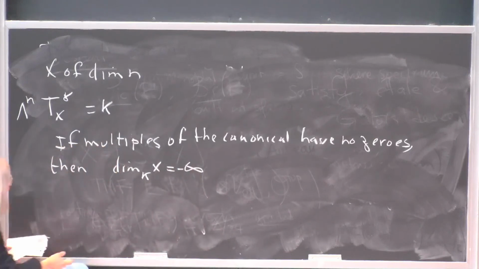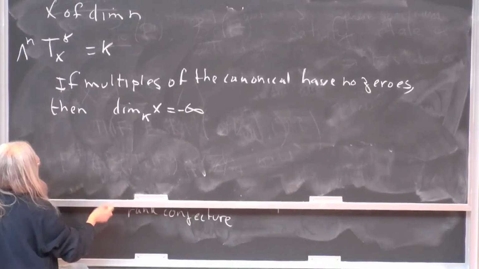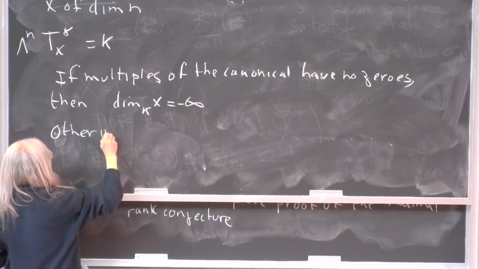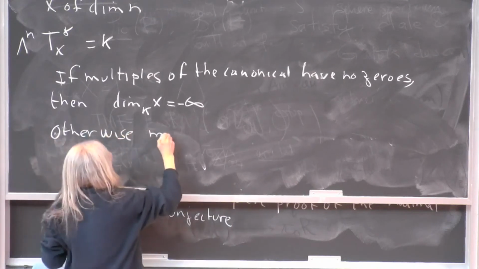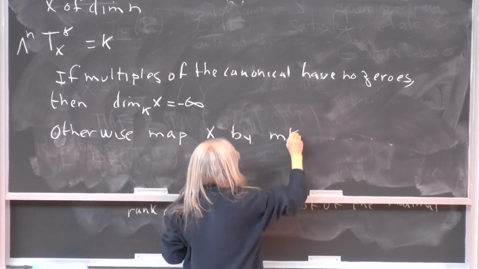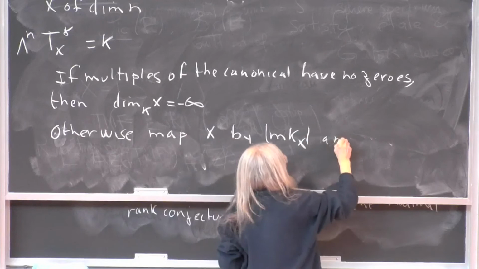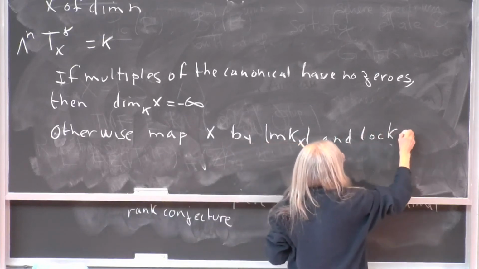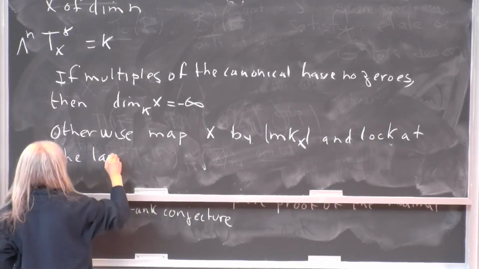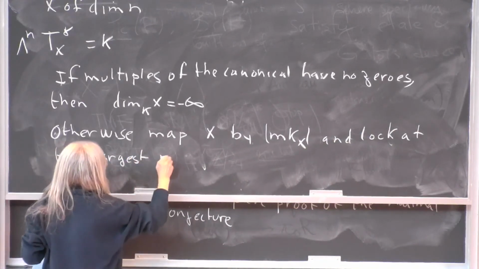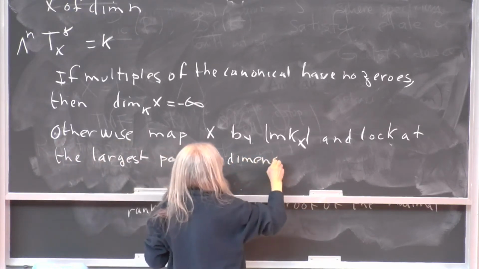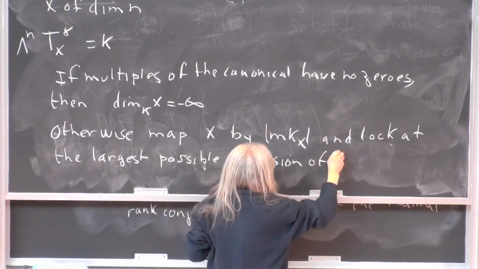But if they have zeros, then you look at how big the image can be of X. So otherwise, map X by mK_X and look at the largest possible dimension of the image.